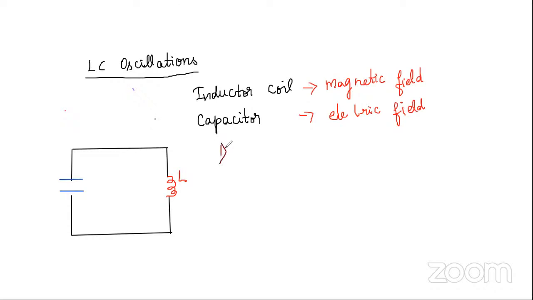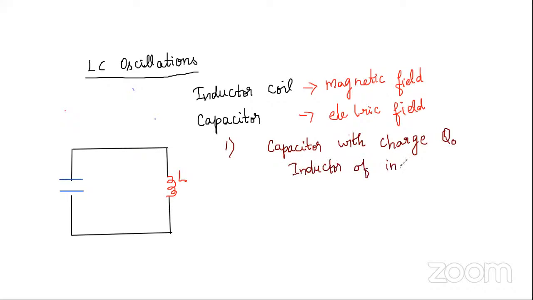The first situation: here you are having a capacitor with charge Q0. It is connected to an inductor of inductance L. Initially, the capacitor is charged.